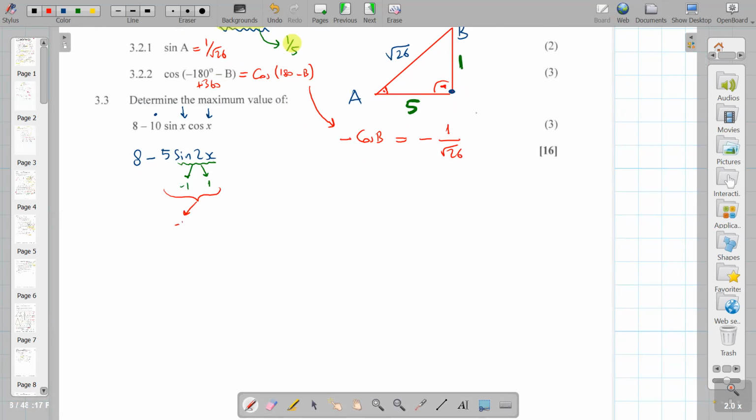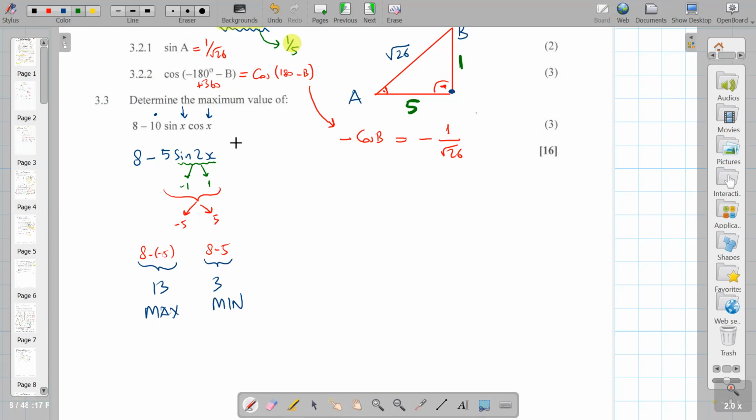So minimum becomes -5, maximum becomes 5. So basically, you had 8 minus -5, or you had 8 minus 5. So now the minimum value of sine gives us maximum answer 13. The maximum value of sine gives us minimum answer 3. So that expression has a range between 3 to 13. So 13 is the maximum one, 3 is the minimum one for that expression.